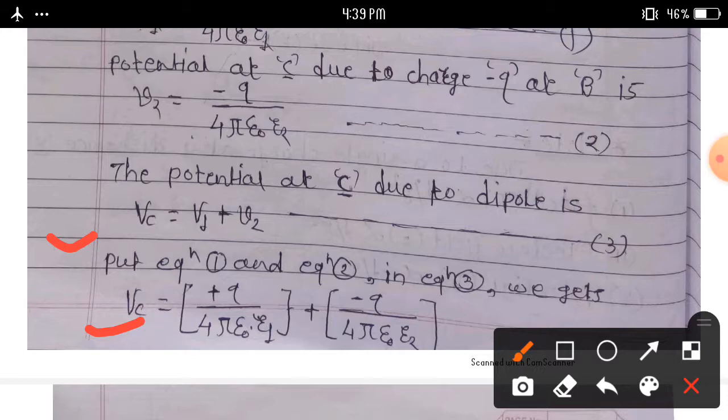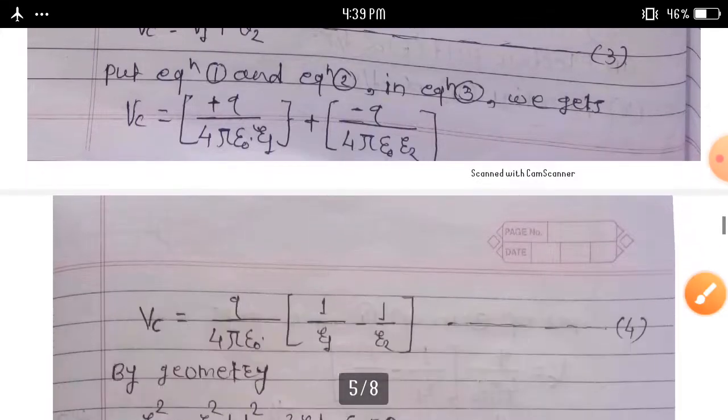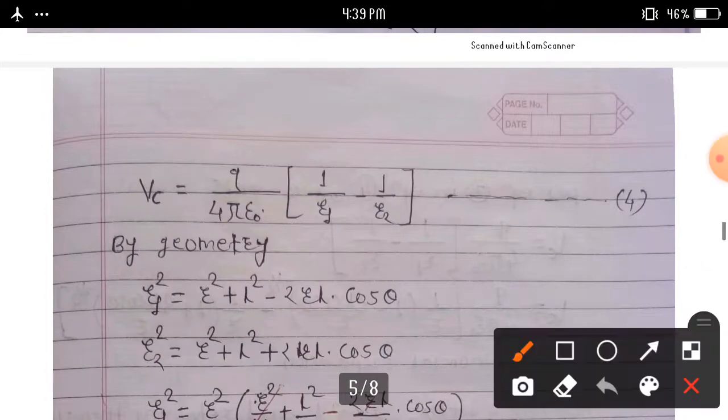Rearranging, q upon 4 pi epsilon naught is a common term, taken outside the brackets: V suffix C is equal to q upon 4 pi epsilon naught into 1 upon r1 minus 1 upon r2. Consider equation 4.